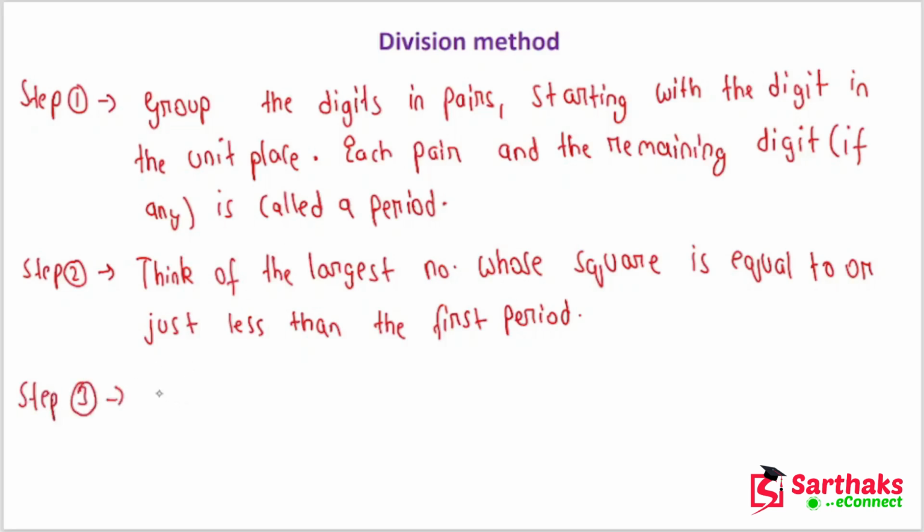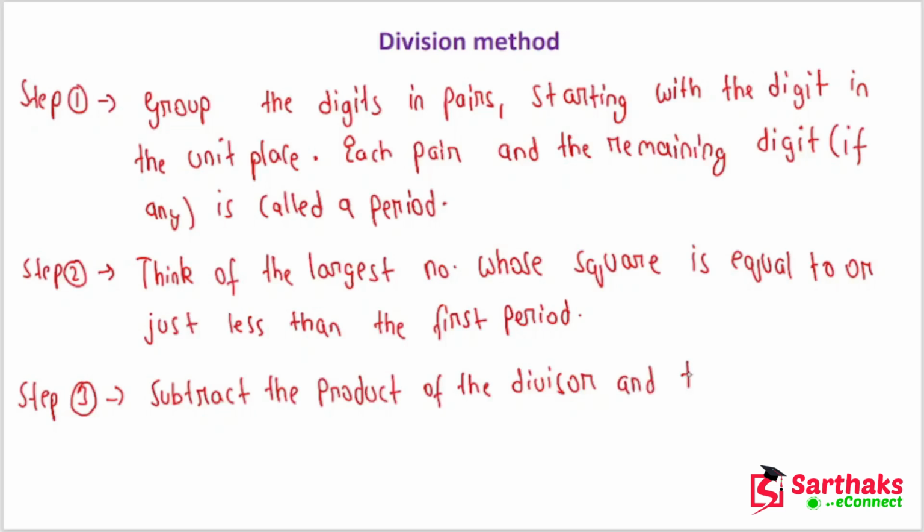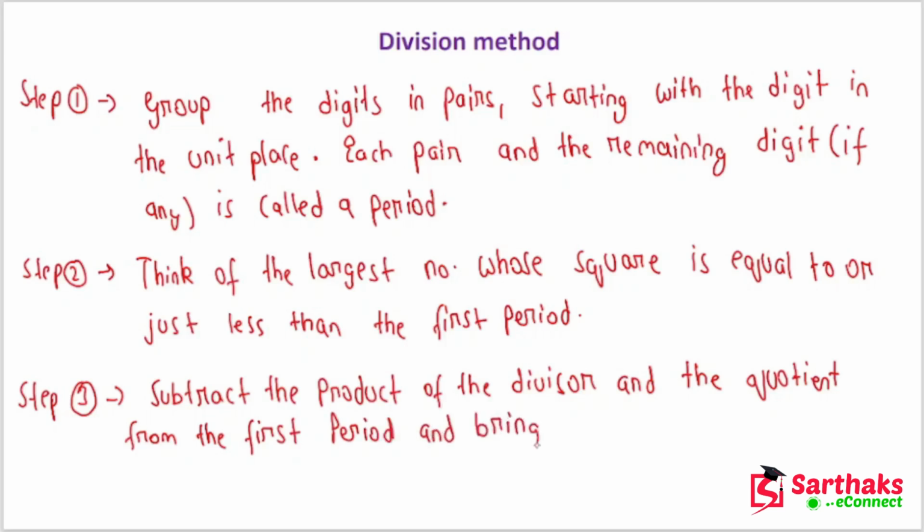This is again the typical long division method: subtract the product of the divisor and the quotient from the first period, and bring down the next period to the right of the remainder.